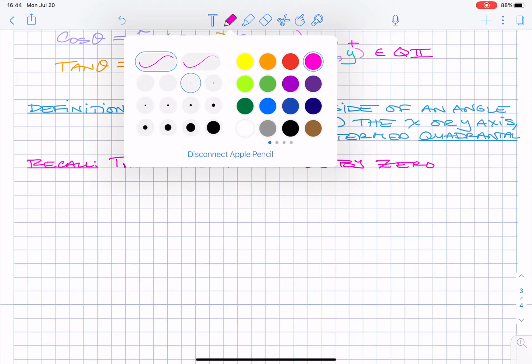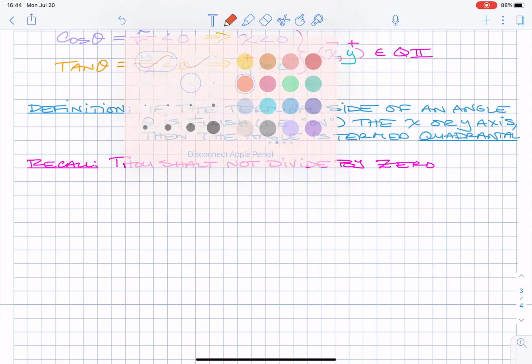Okay, so let's consider the quadrantal angles. So consider x and y coordinate axes. So let me draw that. Hopefully that looks okay.